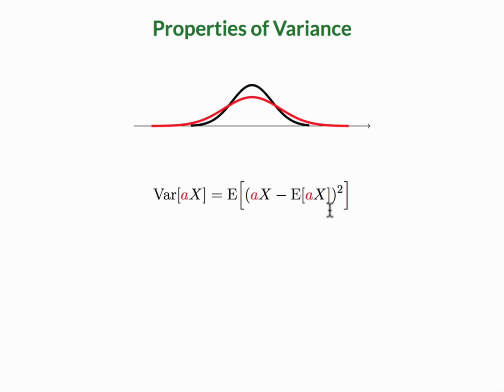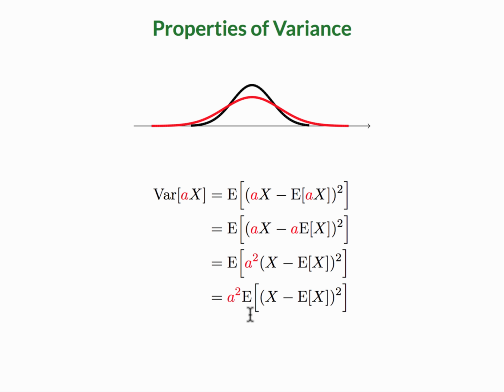We know that a times x is one of those special functions where you can apply the function and the expected value in any order you like. So we can pull the constant a outside the expected value. Now, both terms inside this square have an a, so I can factor out an a squared. But now this is just the expected value of a constant a squared times this random variable, so again I can pull out this constant from the expected value.